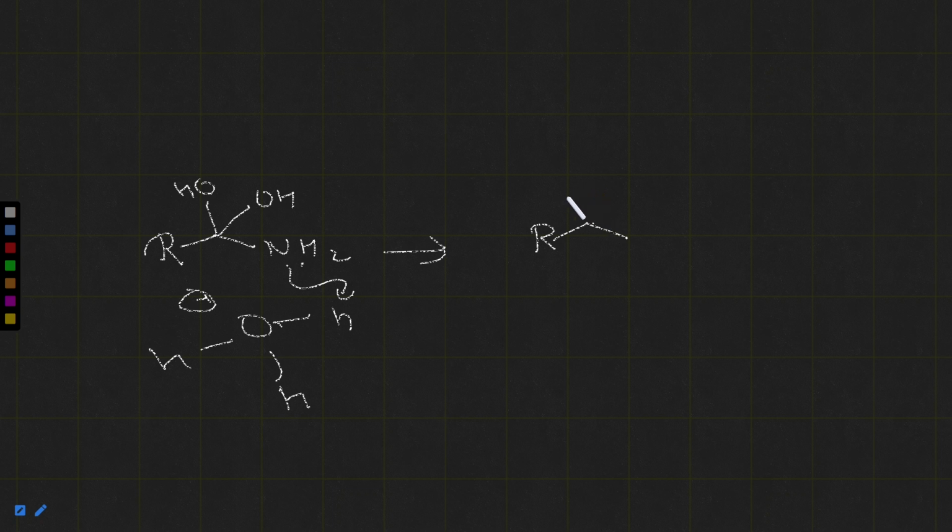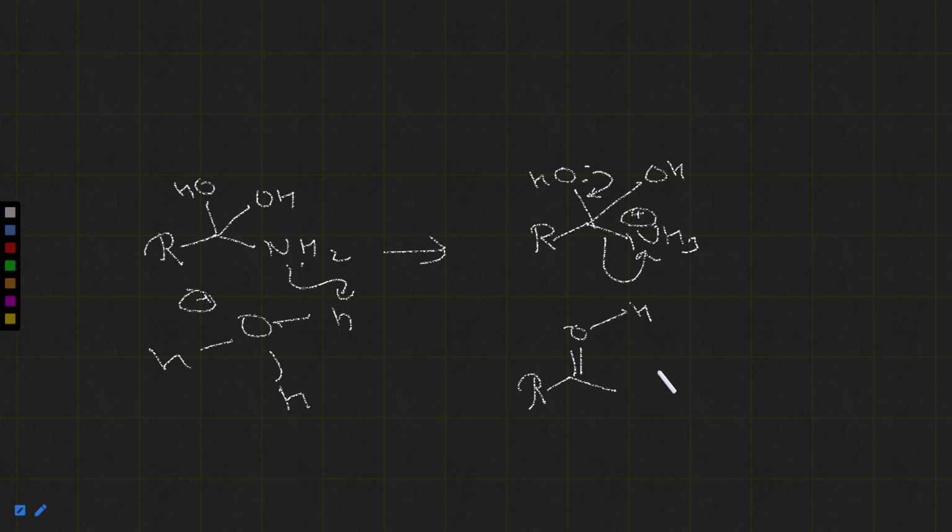So it will result in a diol with an NH3+ attached to it. Now the lone pair on oxygen will push, because NH3 is a good leaving group, so it will leave here. This would be the end result of this mechanistic part.